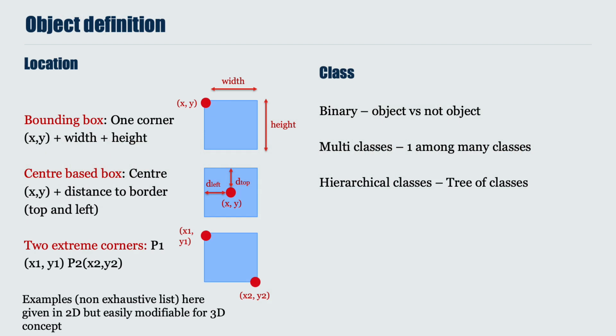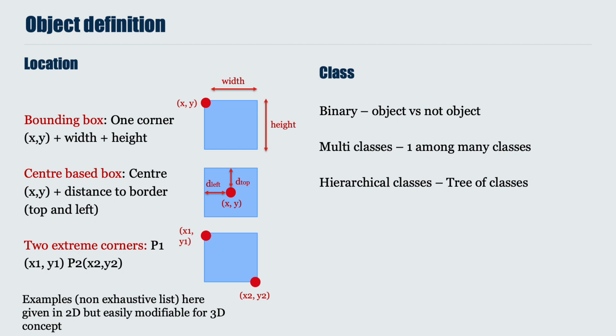So how do we define an object properly in terms of localization and class? Here all the examples are given in 2D, but it's relatively straightforward to modify them to 3D. The bounding box can be one corner plus the width and the height.